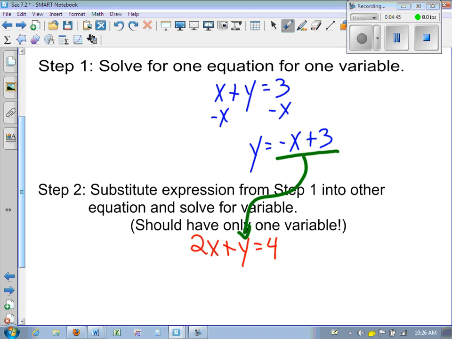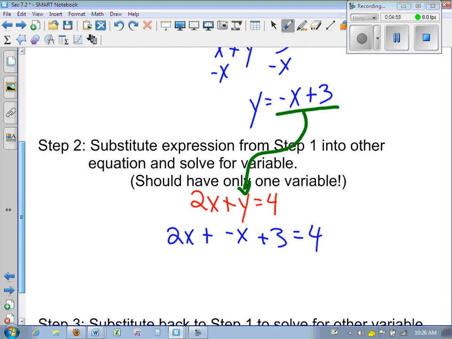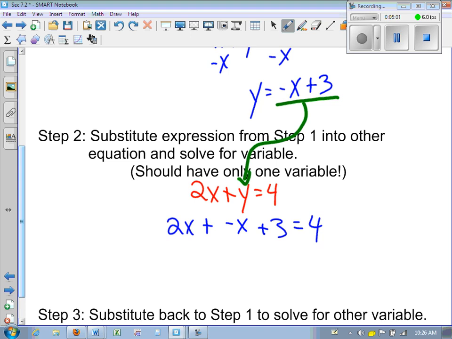So I get 2x plus negative x plus 3 is 4. That's like you did earlier. Now we simplify, combine these into x, plus 3 is 4, subtract 3 from both sides, and I get x is 1.